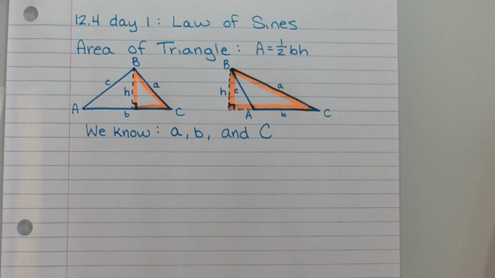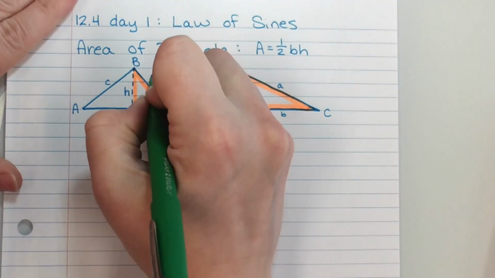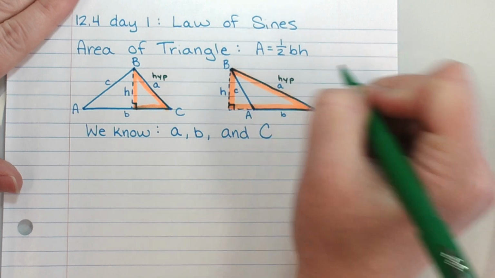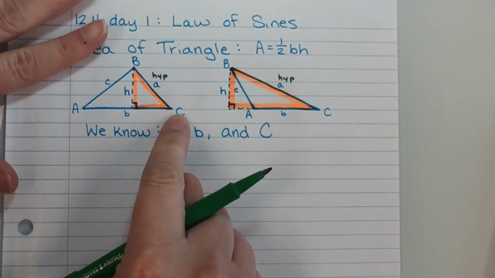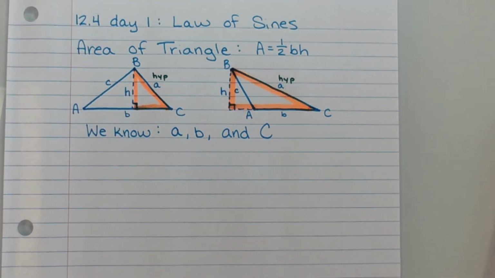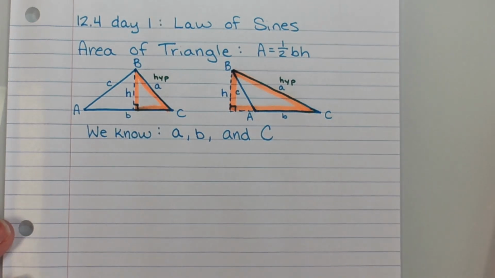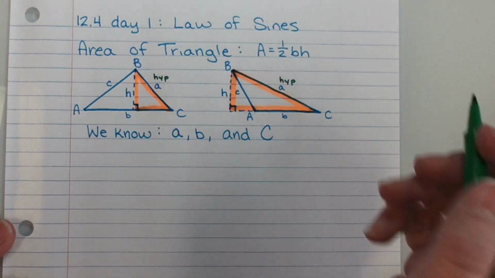So, that means this is my hypotenuse of my right triangle. I've got this angle, which means the height, which is the missing piece, is the opposite, the adjacent, clearly not the hypotenuse. Is the height the opposite or the adjacent, given that I know angle C? Yep. It's the opposite.